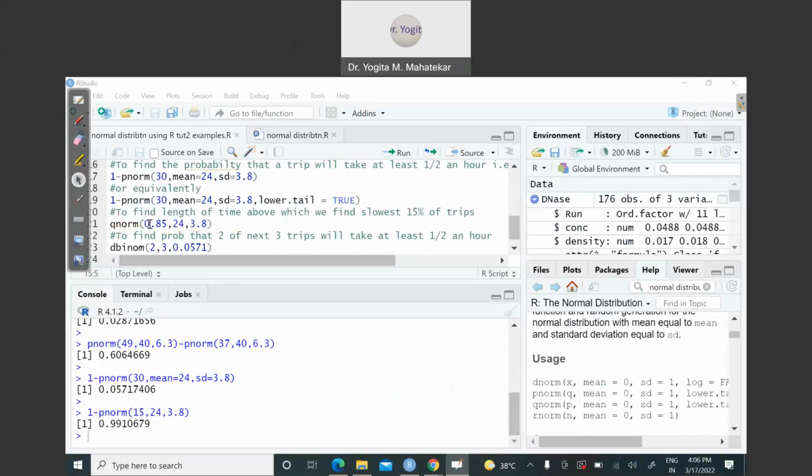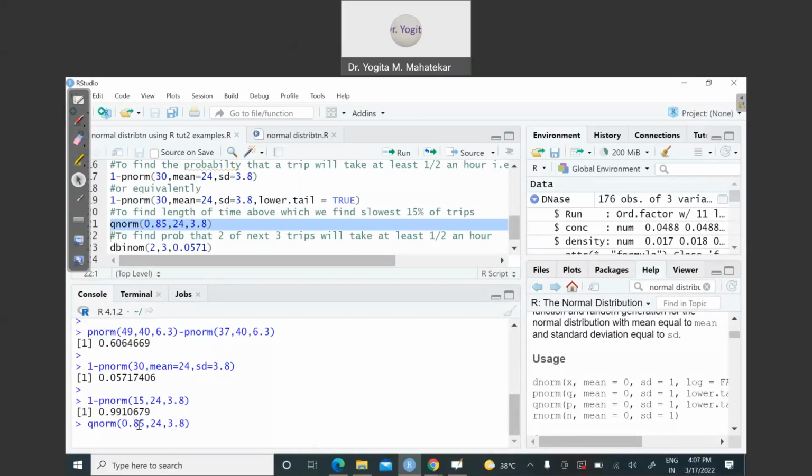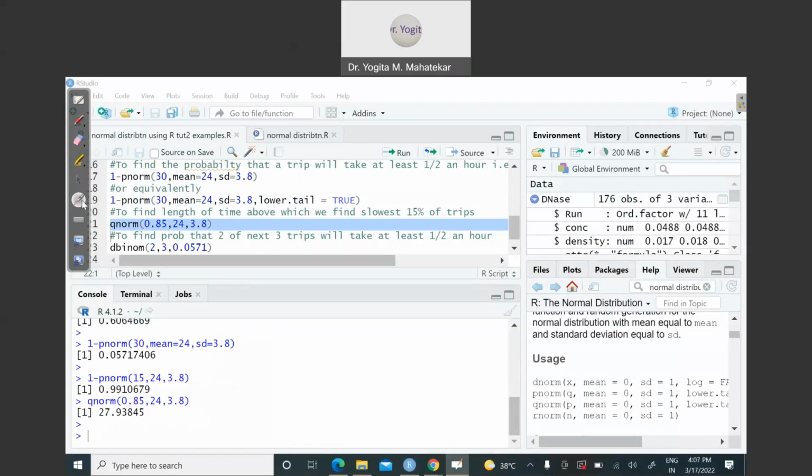So if I put it in the console and compile, we'll get the answer 27.93845 something. So if the trip time exceeds 27.93845 minutes, this is the smallest value above which you will get the slowest 15% of the trips.